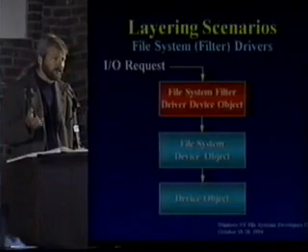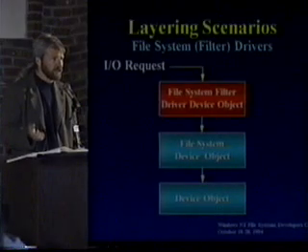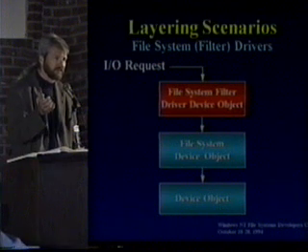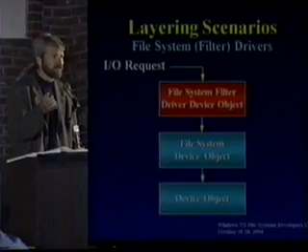Okay, and then finally, we have filter drivers that sit on top of file system drivers. Okay, in this particular case, what's going on is the first operation for the disk comes along, sees that the disk has not been mounted, and it calls the registered active file system. The registered active file system is going to go mount it.